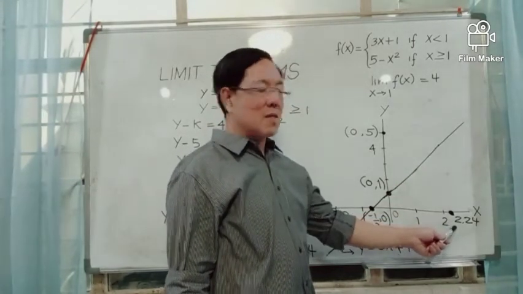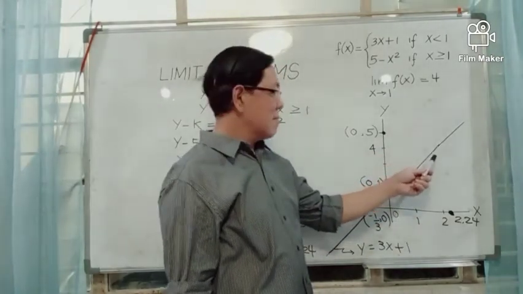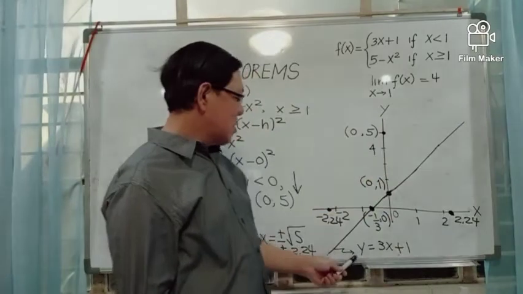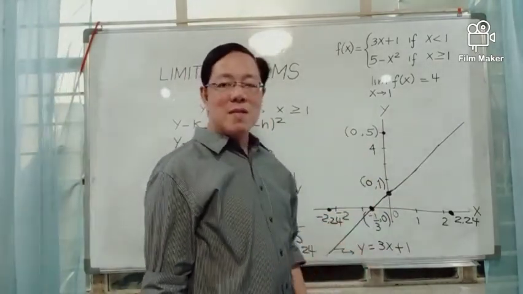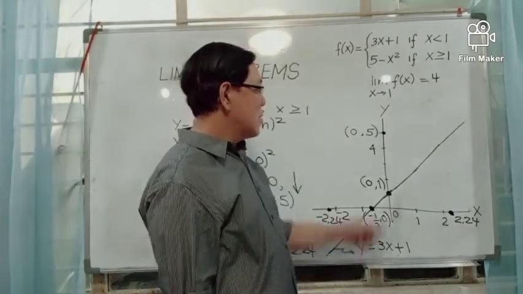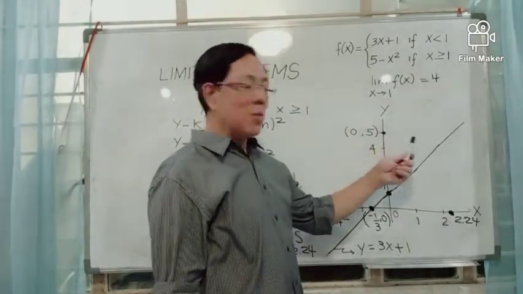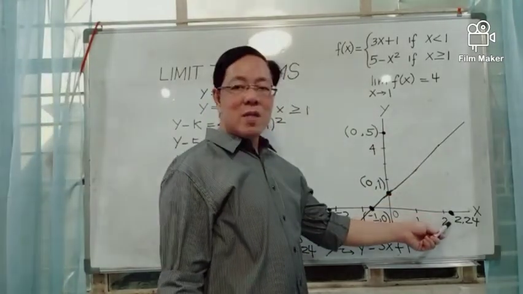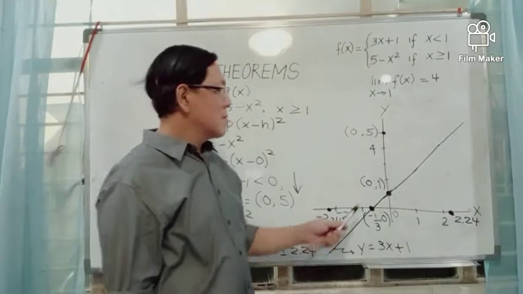But the parabola will also intersect the line whose equation is y equals 3x plus 1. So before we sketch the parabola, we know that the parabola has a vertex at this point. We know that the parabola will go downward and will intersect this point and this point on the x-axis.